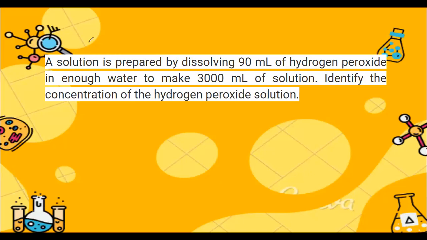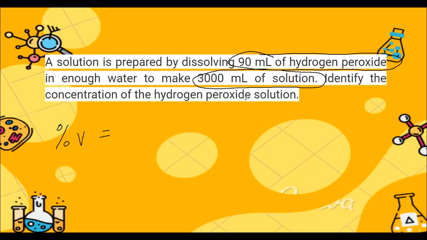So a solution is prepared by dissolving 90 ml of hydrogen peroxide in enough water to make 3,000 ml of solution. So identify the concentration of the hydrogen peroxide solution. So let us have percent by volume.